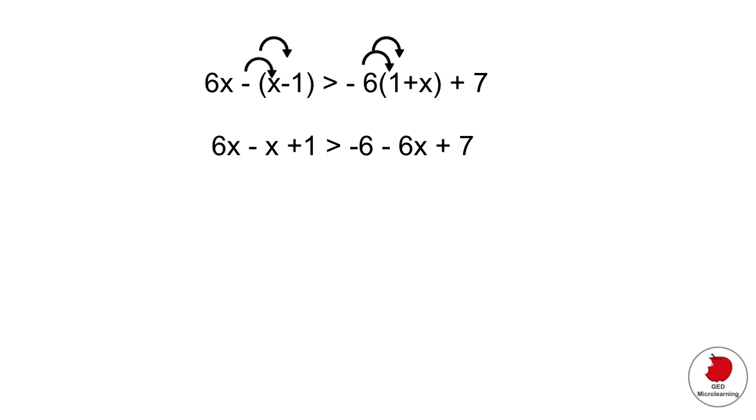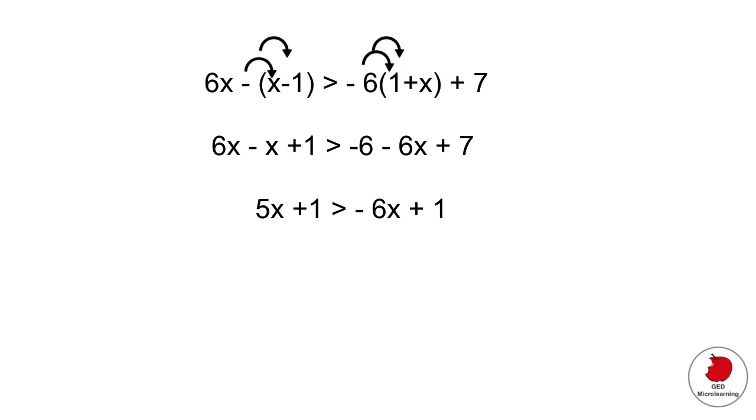All right, so now you're going to want to go ahead and tidy things up. On the left side, we're going to subtract 6x minus x, which would give us 5x plus 1. And then on the right side, we're going to take the whole numbers, so minus 6 plus 7, and that gives you plus 1. Okay, so that's the simplified expression.